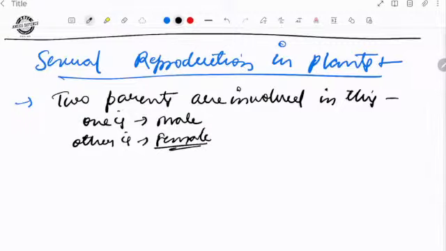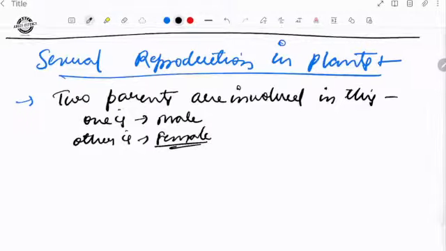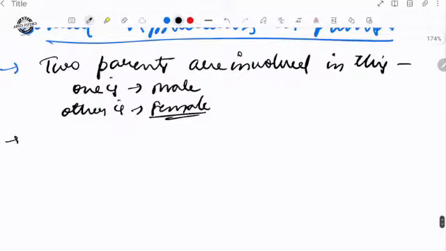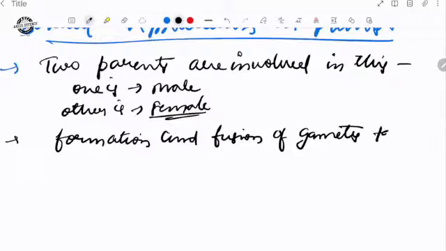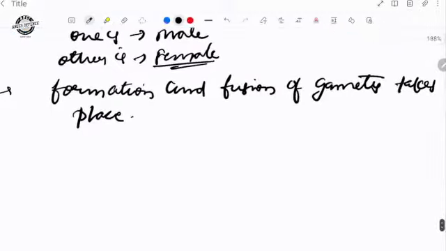There are two parents involved in this. Here formation and fusion of gametes takes place in sexual reproduction.